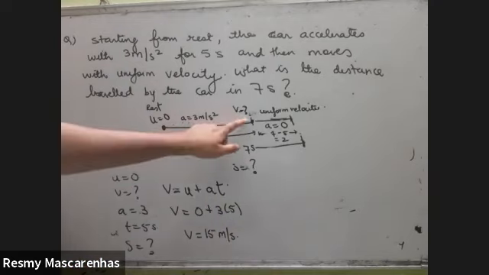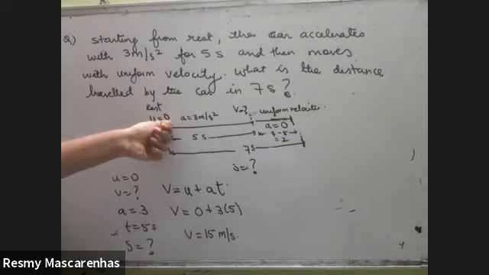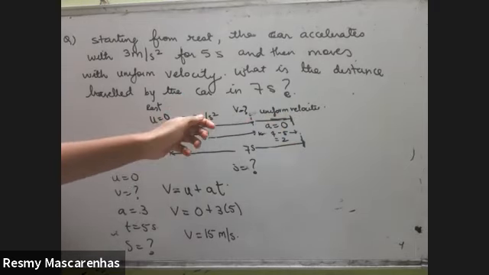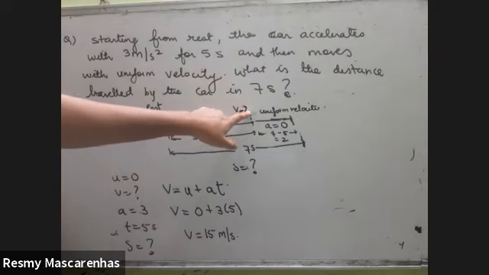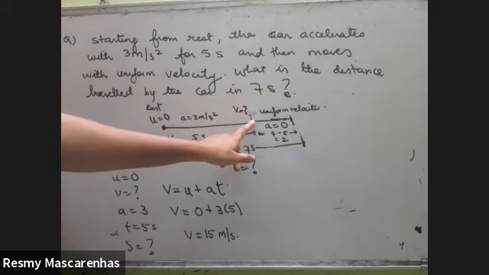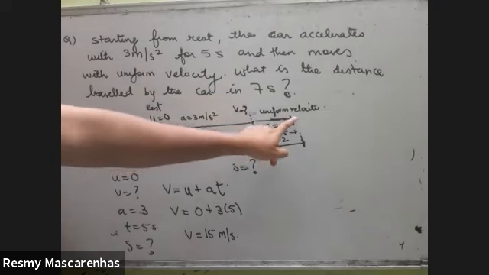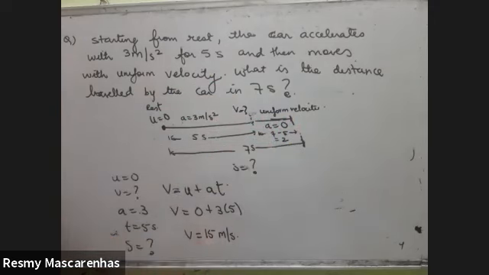So from here to here, it remains constant. It started with 0 speed, it accelerated, and then at this point it was 15 meters per second after 5 seconds. Then it is not changing. Then for the next 2 seconds, velocity will remain 15 meter per second. It will not reduce, it will not increase, going at a constant speed.